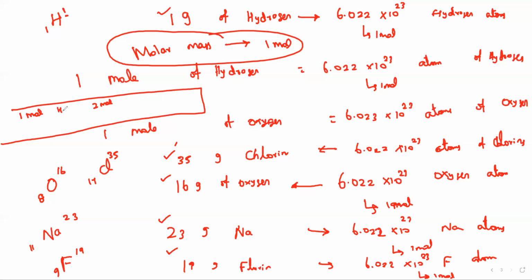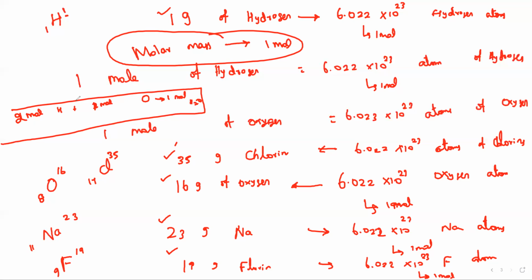So for our understanding, if I take 2 moles of hydrogen, I have to take 1 mole of oxygen. Am I correct? If I take 2 moles of hydrogen, then I have to take 1 mole of oxygen to get 1 mole of water, 1 mole of H2O. Am I correct or not? 2 moles of hydrogen and 1 mole of oxygen can be reacted together because both are at the ratio of 2:1.